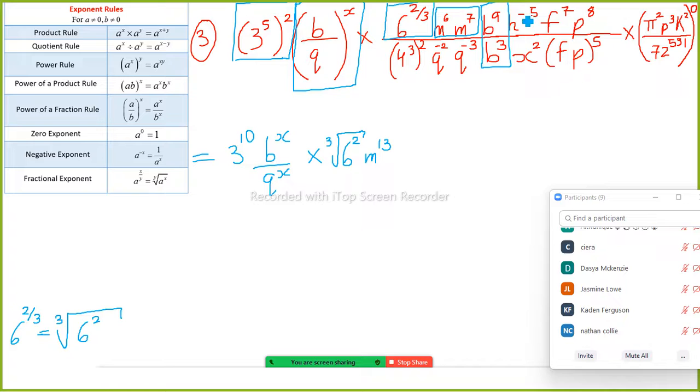You sure? It's b to the 9 divided by b to the 3. What could I do with this? Let me give you a hint. 9 take away 3. Very good. Which is what? 6. Excellent. So it's b to the 6. Good.